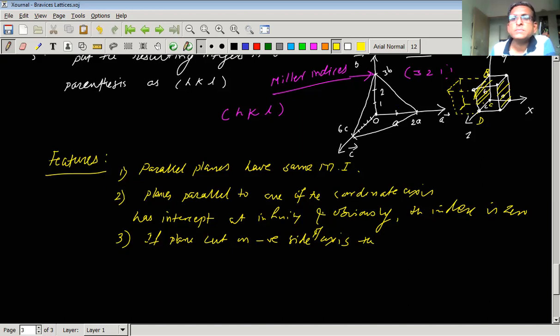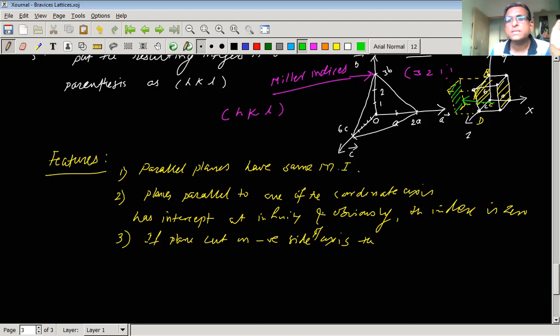This plane will cut along the negative x-axis, so it has an intercept on the negative x-axis. The corresponding index will be represented by putting a bar on that index.